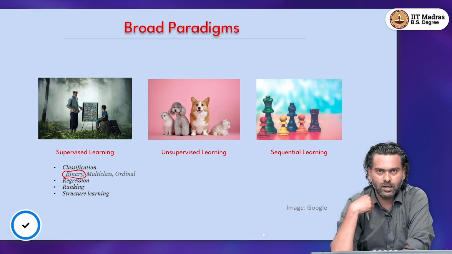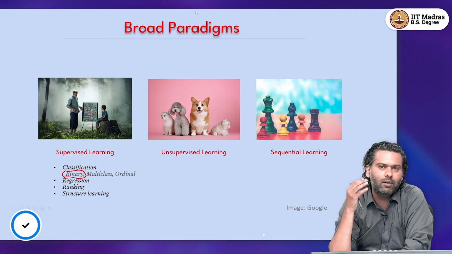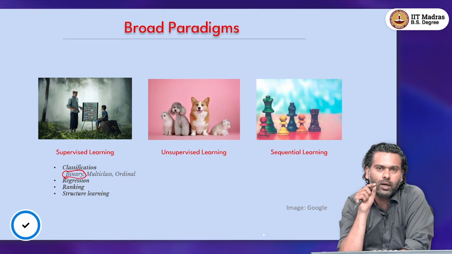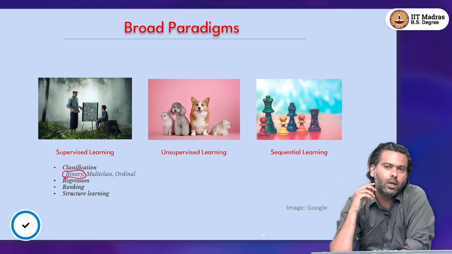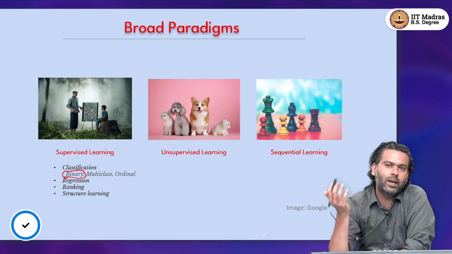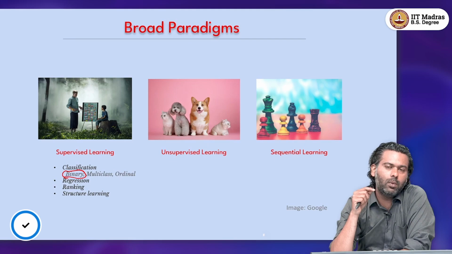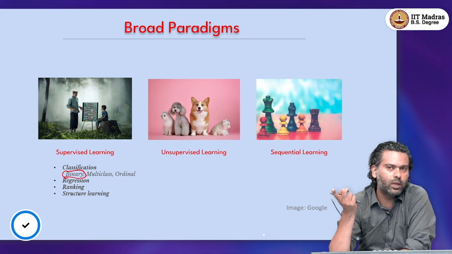This is useful because, for example, if I as an individual watch movies on some OTT, let's say Netflix or Prime or whatever your favorite OTT is, and I go and give star ratings to 150 movies that I watched, now the OTT platform is trying to recommend movies to me. So the platform has to solve the problem: given a new movie, what rating would I give for that movie?